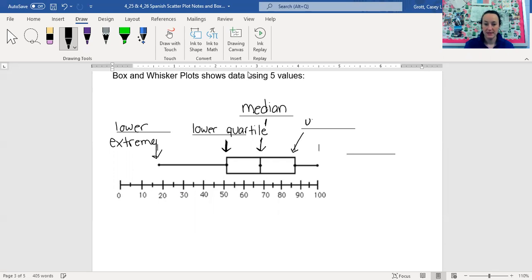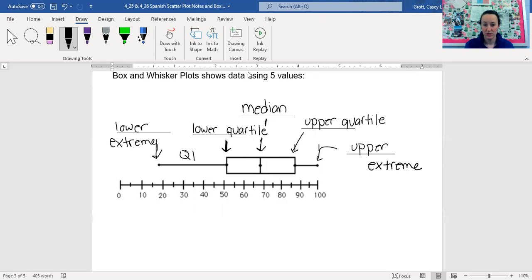This part of the box is the upper quartile. And this part of the whisker is called the upper extreme. So there are 5 different parts to a box and whisker plot. Something else: this whisker is known as the first quarter.